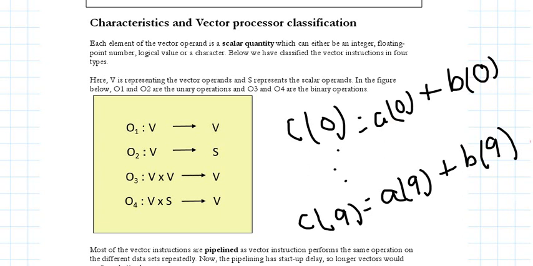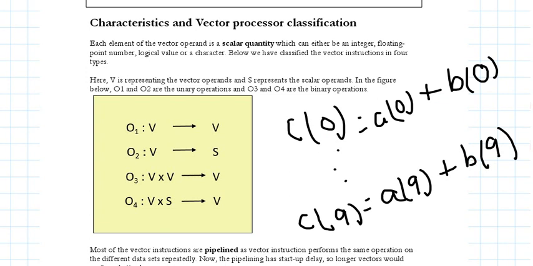However, if you look at the individual operations which make this vector operation, they are actually scalar quantities. As for example, the first element C0 equals to A0 plus B0, first instruction, sorry. Each and every element here is a scalar quantity, but when you look at the entire operation as a whole, it becomes a vector instruction.